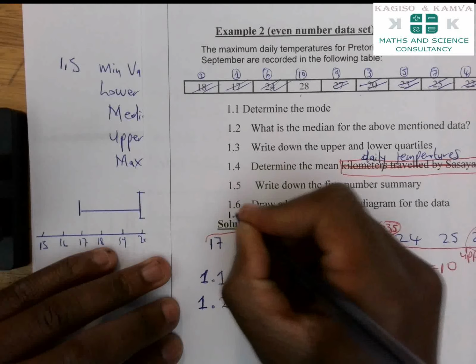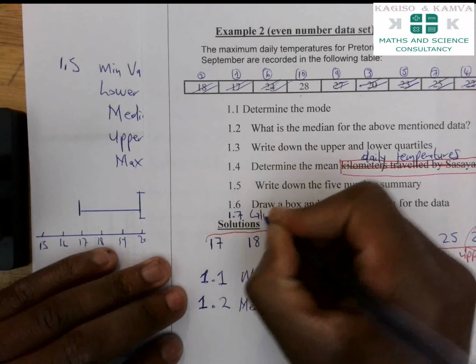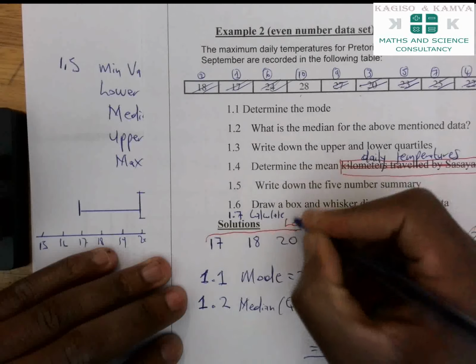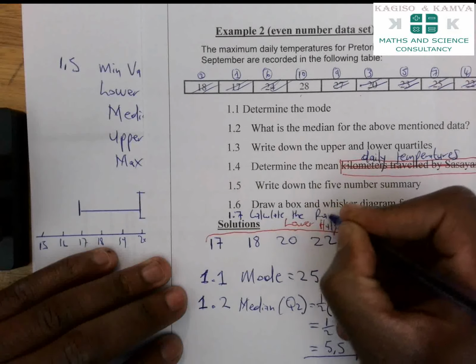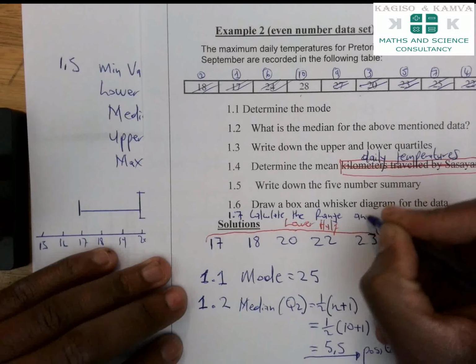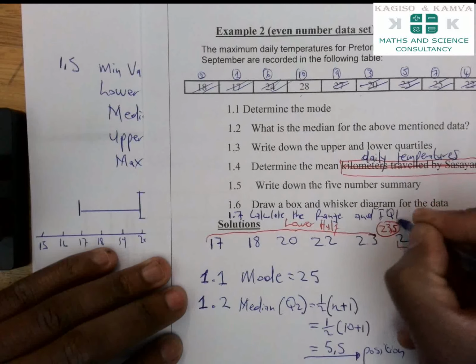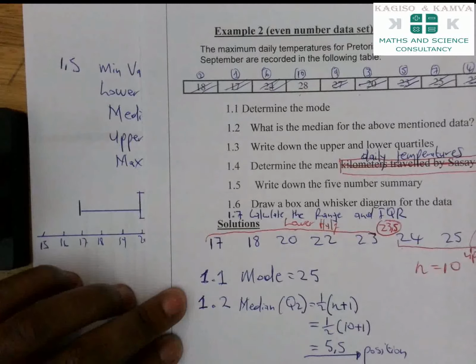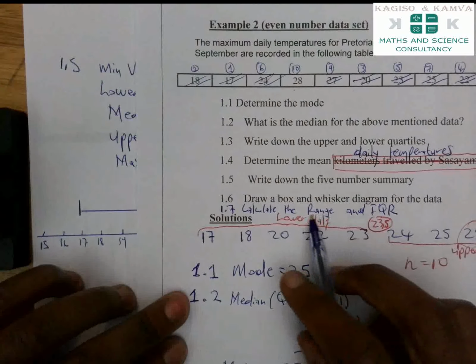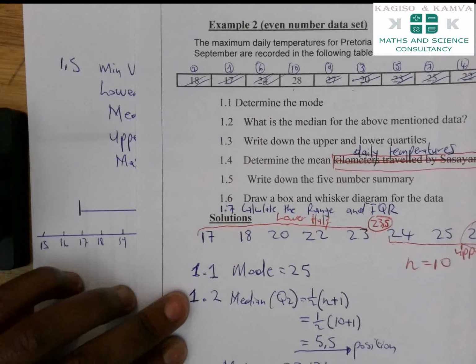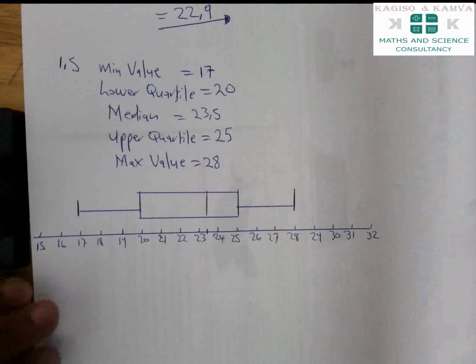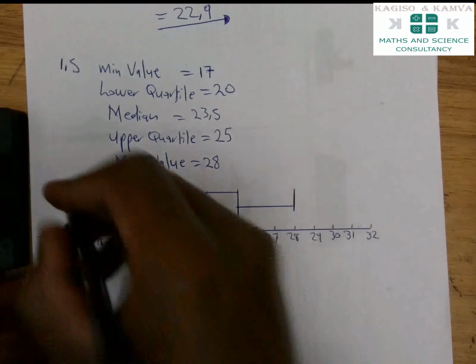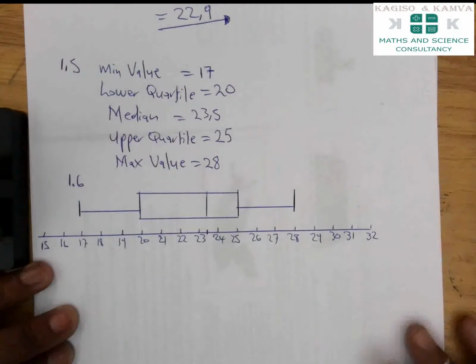I would like to add two questions here. One question is 1.7: calculate the range and the interquartile range. So this one was 1.1.6.